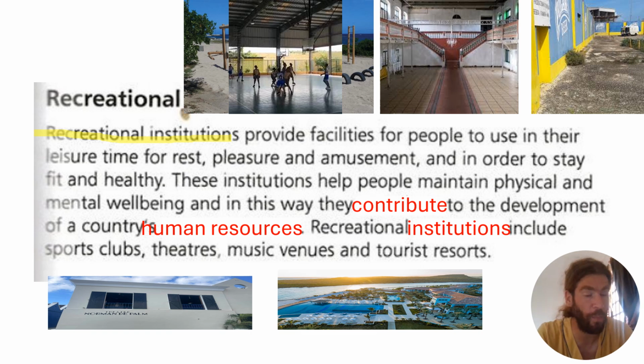Those are just some places that came to my mind when I was reading this text, but there are also lots of other places that are examples of recreational institutions.